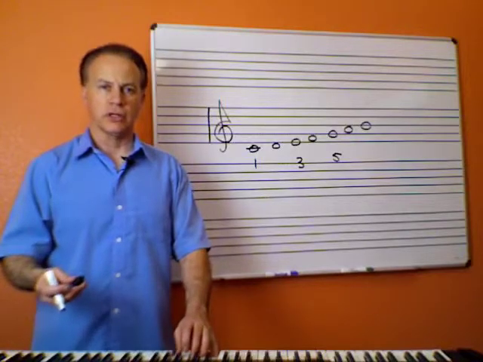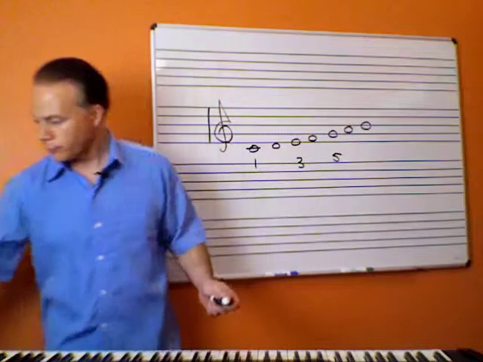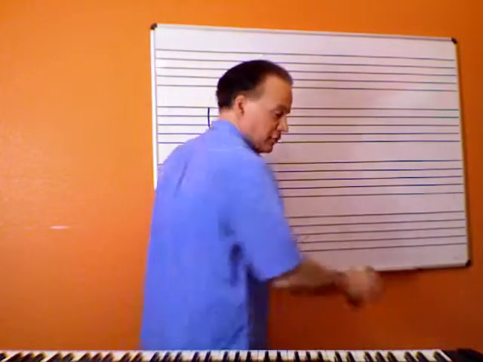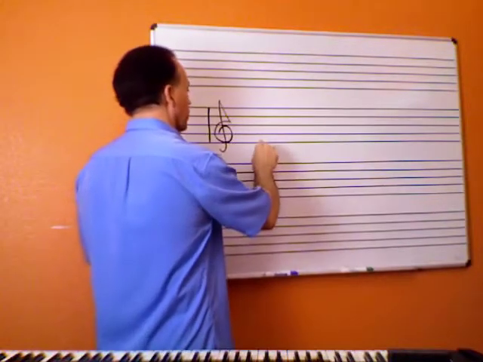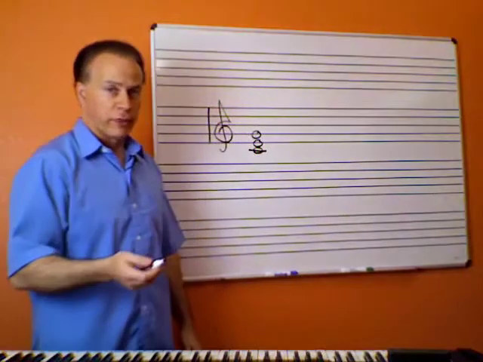C, E, and G make a C major triad. That's the first and easiest way to learn how to build a major triad. That is 1, 3, and 5 of a major scale.